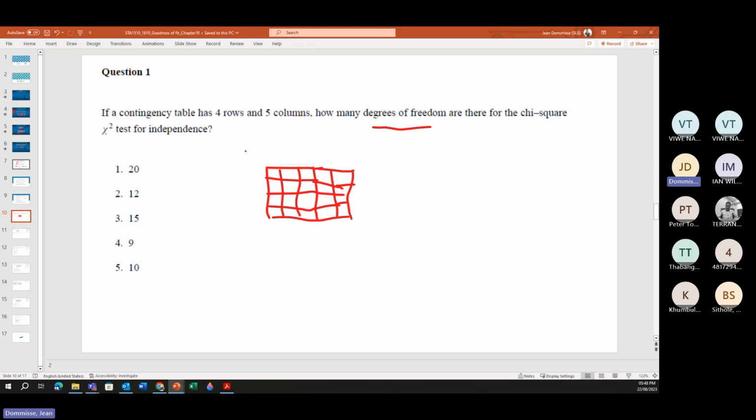But just for the principle that you need to know, the formula for degrees of freedom for chi-square is rows minus 1, columns minus 1, and multiply the two together. So we know it's 4 rows.